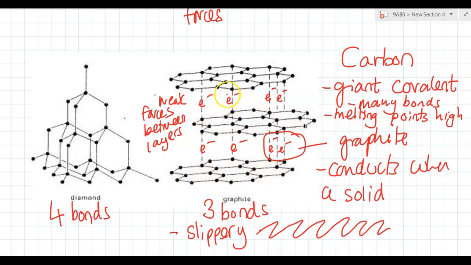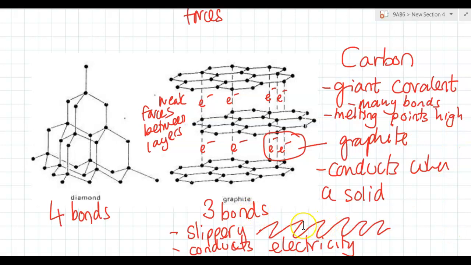Okay, so graphite is softer than diamond because the layers of carbon atoms will slide over each other. Only these little free electrons are holding the layers together, buzzing around, and that also explains why it conducts electricity. Okay, hopefully this is sounding familiar to you.